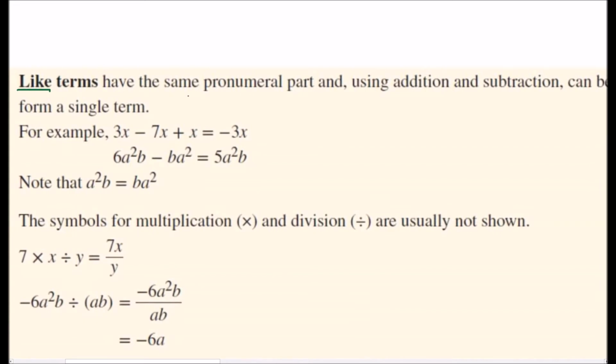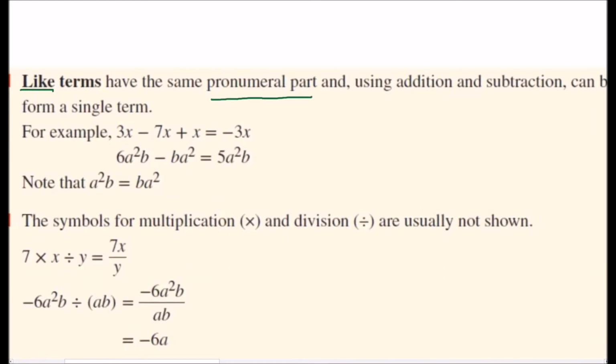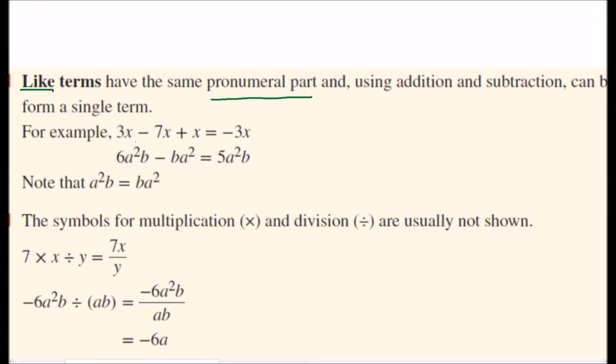Like terms have the same pronumeral part, and using addition and subtraction can be collected to make a single term. Think of like terms as having the same letters and also powers or indices. For example, this is not an equation, this is an expression that's just being shorthand or made shorter.